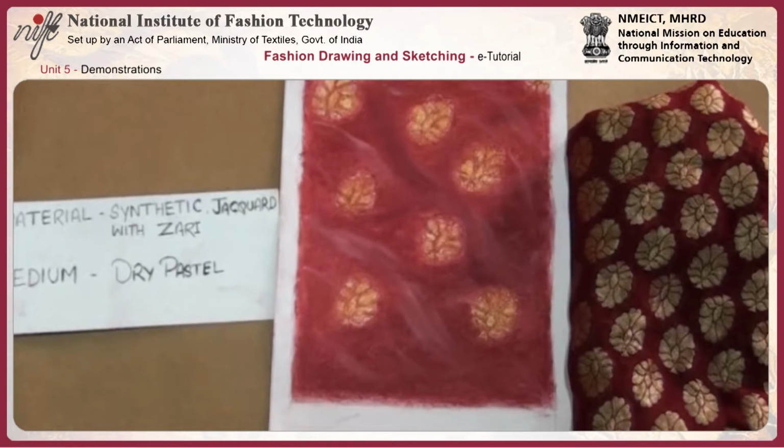Here the illustrator has made the motifs in a very subtle manner so that too many details are not given, but rather the feel of the fabric is rendered. The viewer can actually feel the zari as well as the details that are woven using the jacquard.